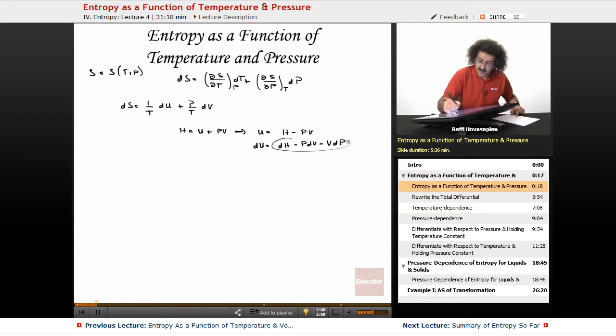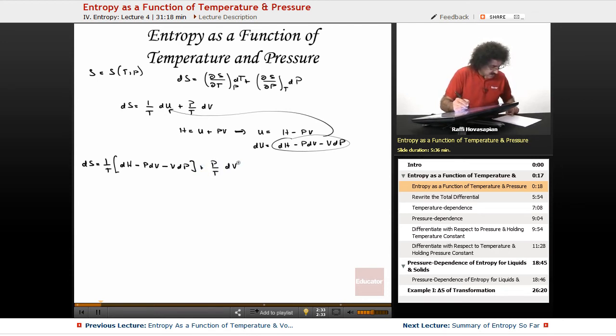Now, I'm going to put this expression for dU into the fundamental equation, and I'm going to end up with dS is equal to 1 over T times dH minus PdV minus VdP plus P over T dV.